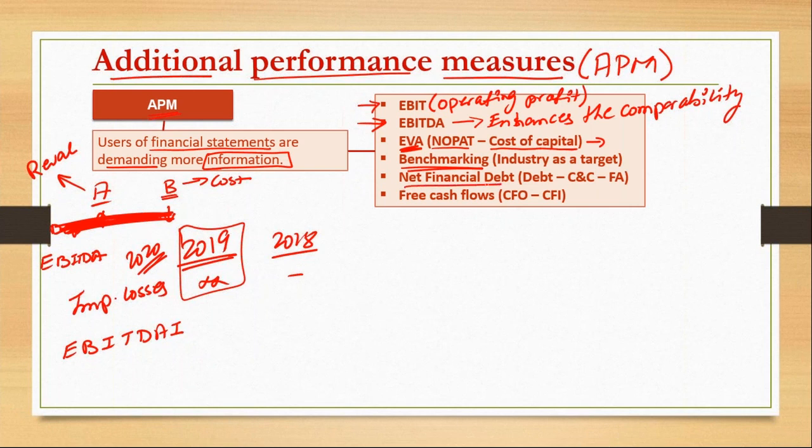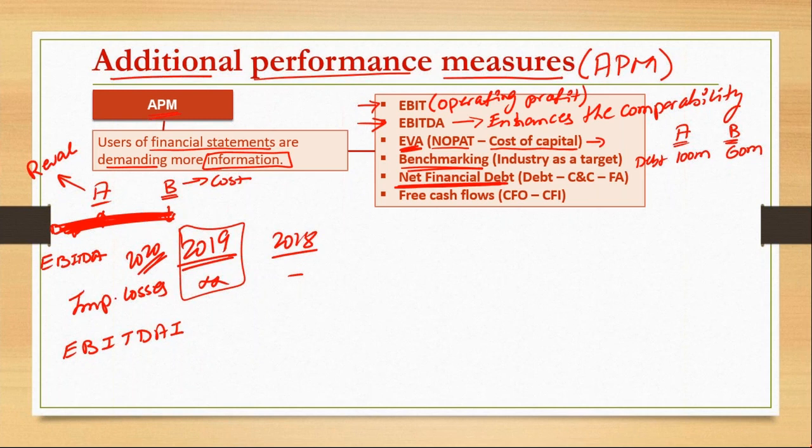Then we have net financial debt. What is net financial debt? Let's suppose we have a company A and a company B. Company A has a debt of 100 million and company B has a debt of 60 million. Comparatively, we are going to say that company A is more geared than B if their equity is the same.